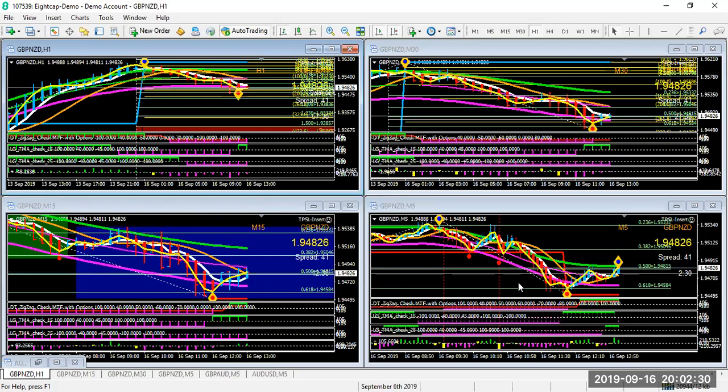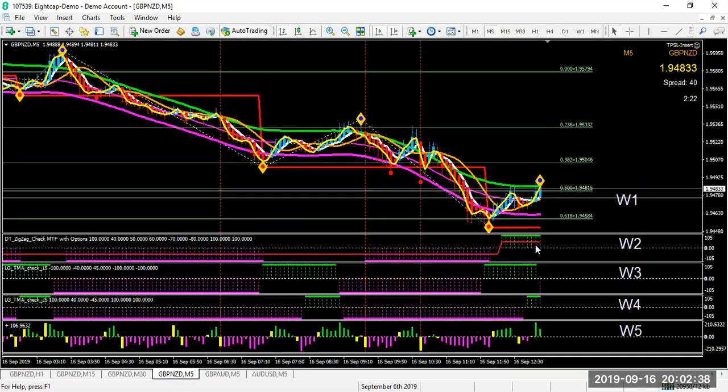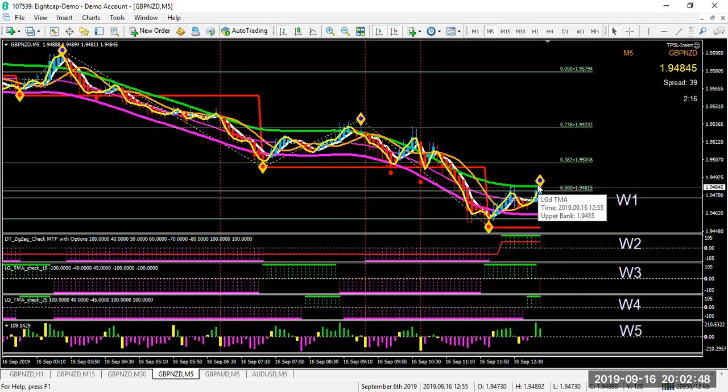Okay, so having the multi-chart here, we can see there in window one, M5, that price is giving us a diamond, not a current high because there's no dotted line to it. That's outside the riverbanks.